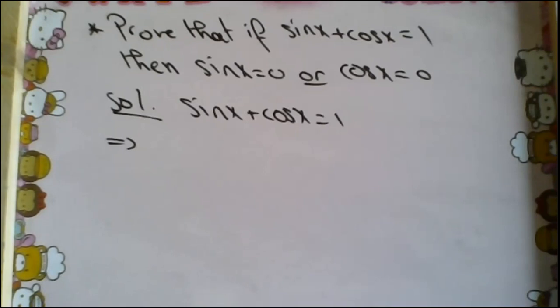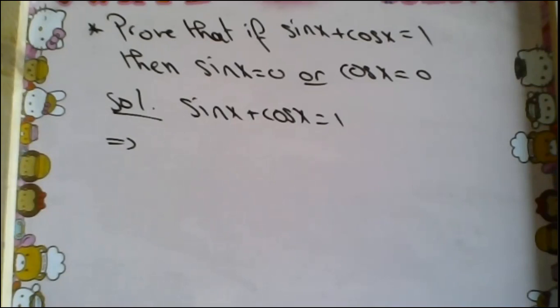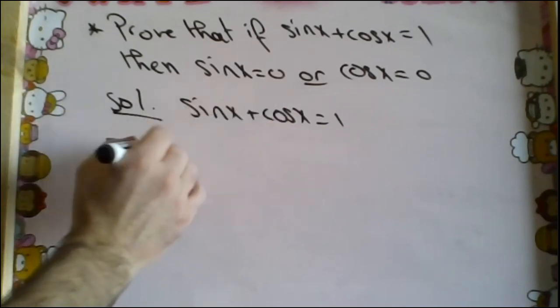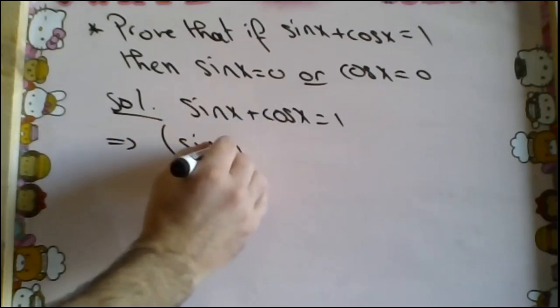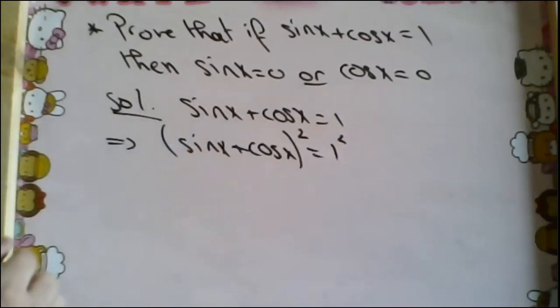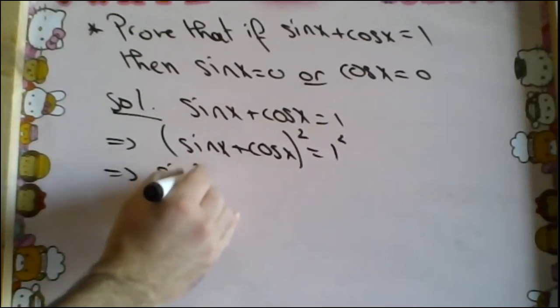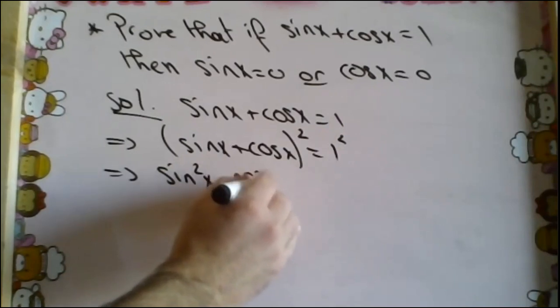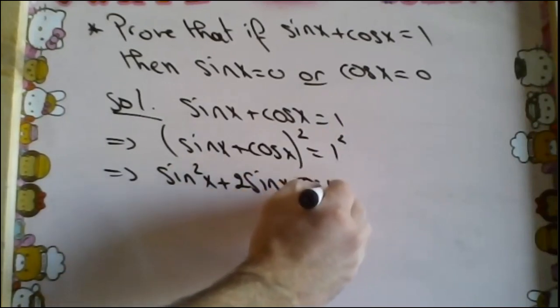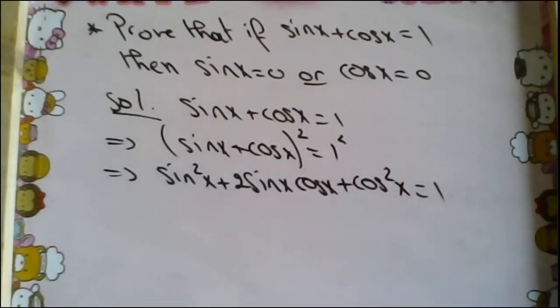Very nice. Here is the key of the solution: square both sides. If you know that you have to square both sides, the solution will be very easy. Square both sides, then you get sine x plus cosine x, all of it squared, is equal to 1 squared. Expand: sine squared x plus 2 sine x cosine x plus cosine squared x is equal to 1.